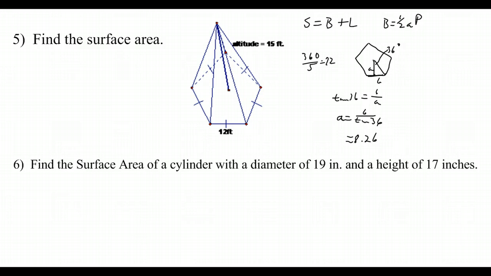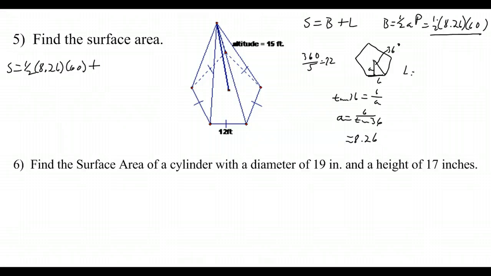And my perimeter, so this gives me 1/2 times 8.26 times my perimeter, which is just 5 times 12, which is 60. So that will be my base area right there. So my surface area is equal to 1/2 times 8.26 times 60, plus now I need my lateral area.